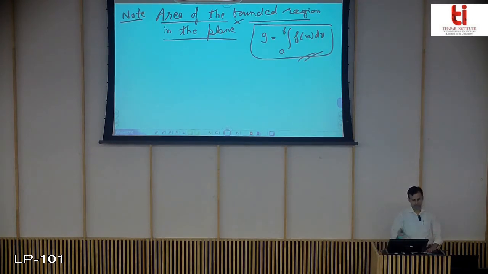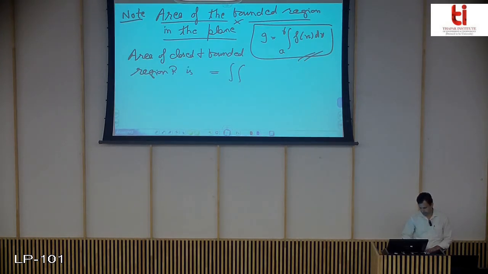So for the double integral, the area of the closed and bounded region R is given by the double integral of dA over R. This gives you the double integral form of the area of the given region R in the xy plane. So here you can integrate first with respect to x or y as per the given region of integration.